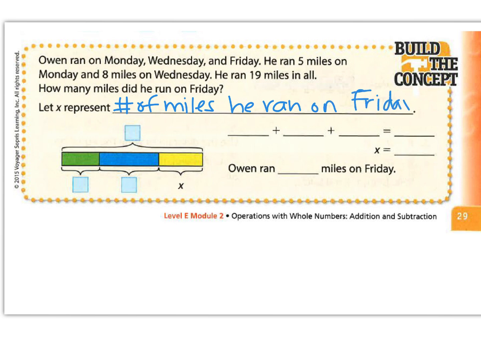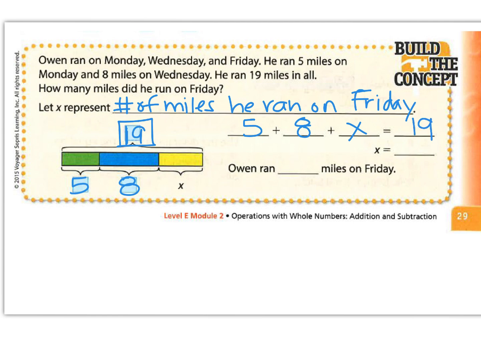So then we know that Monday he ran 5 and Wednesday he ran 8, and his total was 19 miles. So 5 plus 8 plus x, we don't know x, is going to equal 19. So now we need to figure that out.